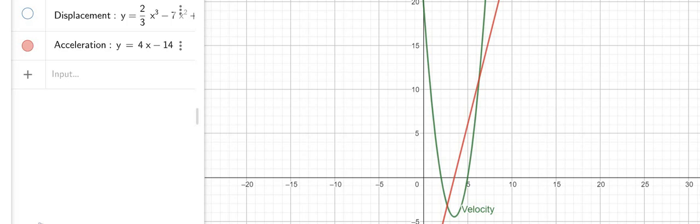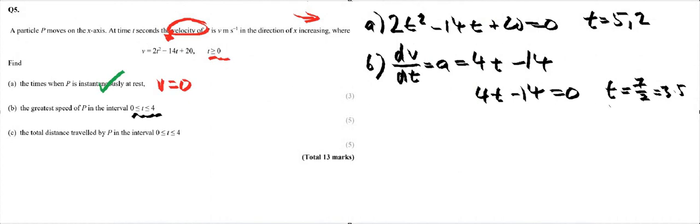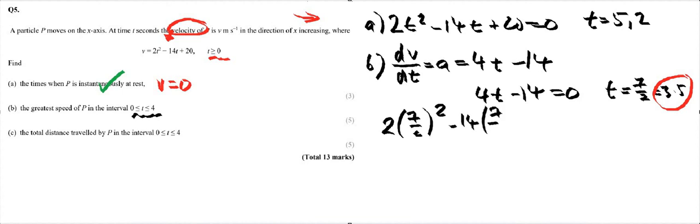Now if I sub my turning point back into my equation, so I have 2 times 7 over 2 squared, minus 14 times 7 over 2, plus 20, I actually get minus 9 over 2, which is negative. But if I take the absolute value of that, the speed is 4.5 meters per second.